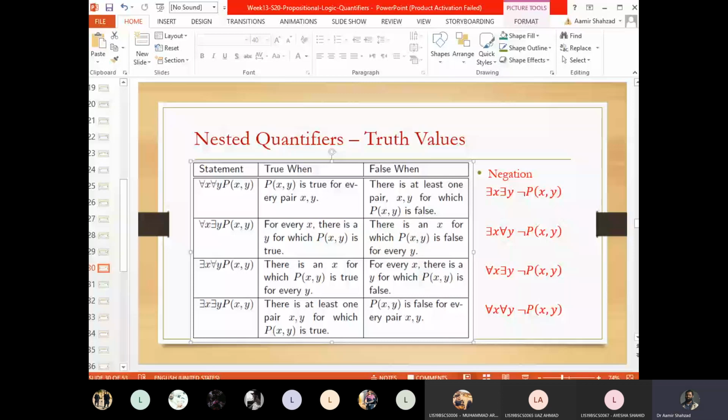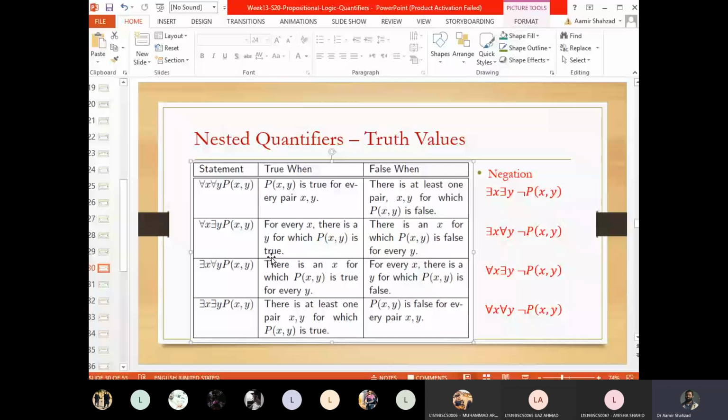So next क्या हो सकता है कि for all x, कि आपका जो पहला सेट है उसके तमाम एलिमेंट्स के लिए आपको कोई ना कोई ऐसा y मिल जाएगा such that p of x, y is true. For every x there is a y for which p of x, y is true.